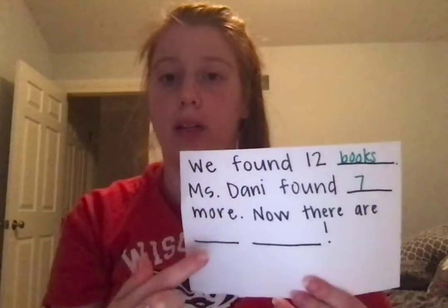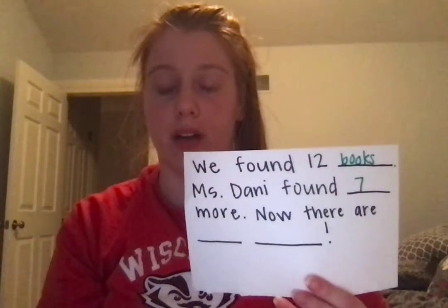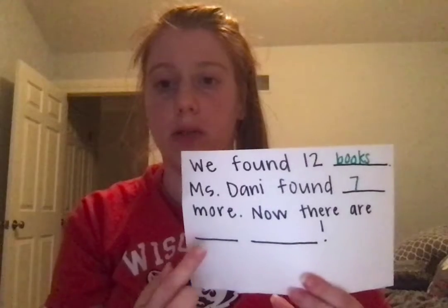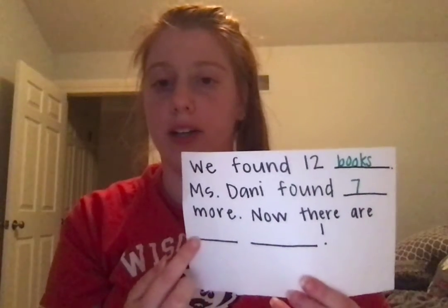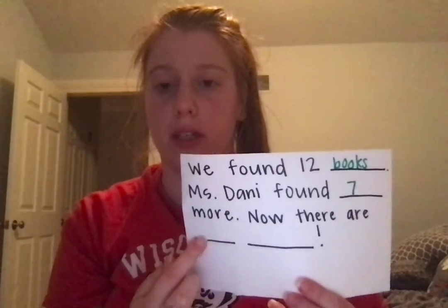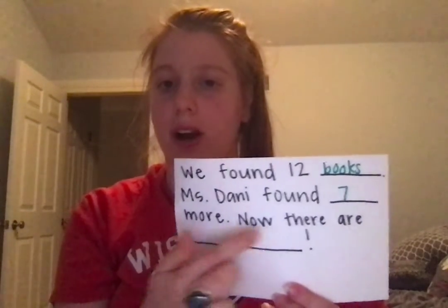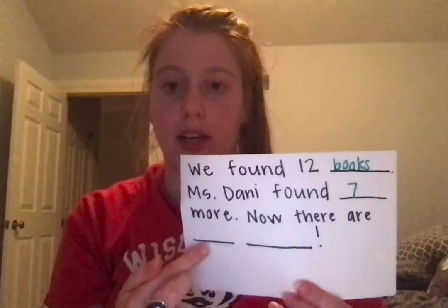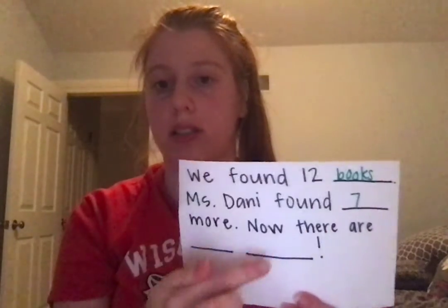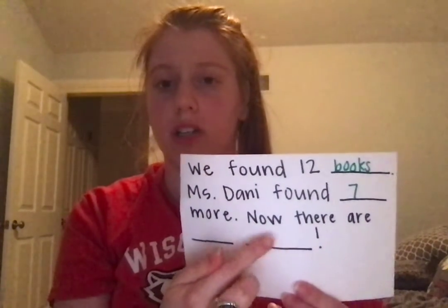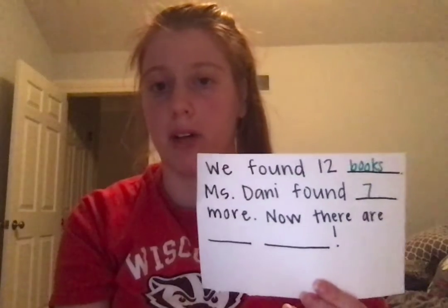Now there are blank blank. All right. I don't know what goes in this blank. I know that it's probably going to be a number. And I know that if we put a number here, that's telling us how many books there are altogether. So I'm pretty sure that in this blank, I'm going to write books.